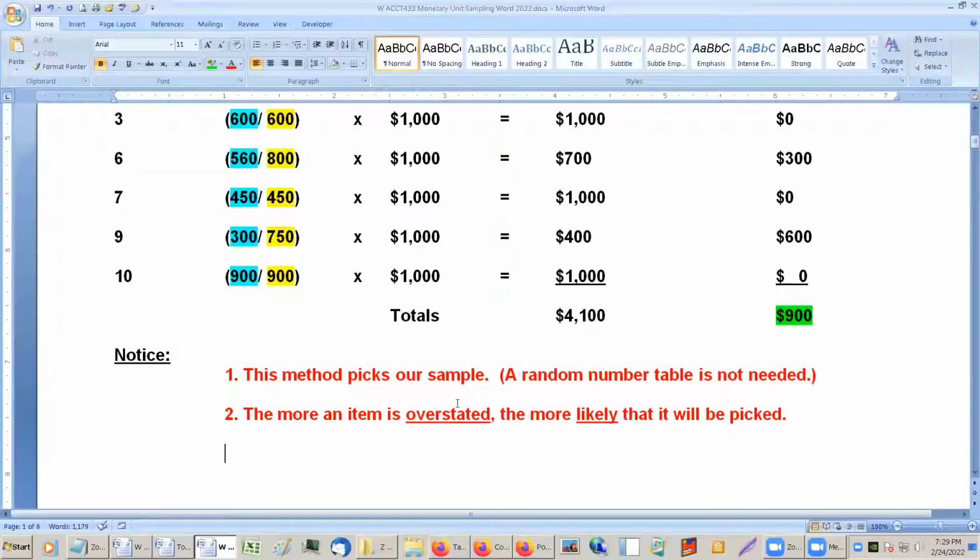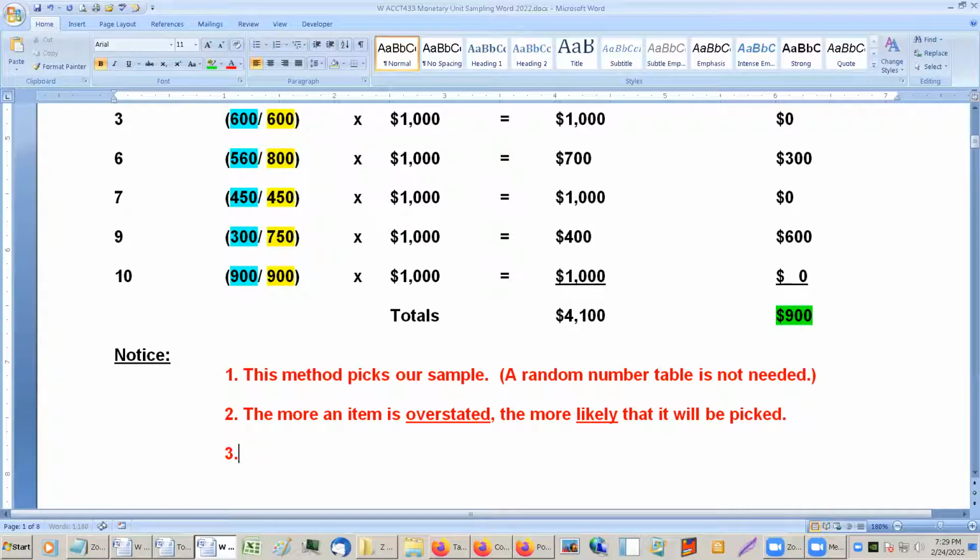If there is a misstatement, I'll show you what we do with that next week. It's a little bit different than what you'd think. This method is only good for overstatements, so that's the key to it. To answer your question, yes, you do count it. One item would count as 2.